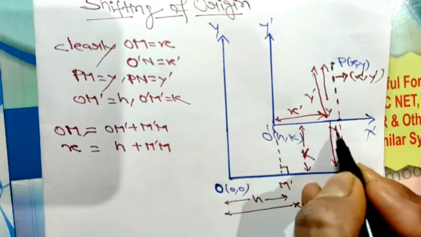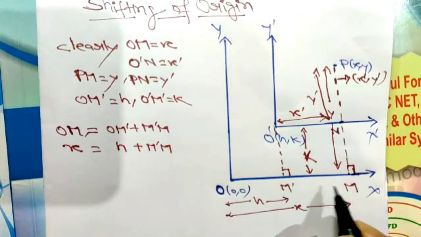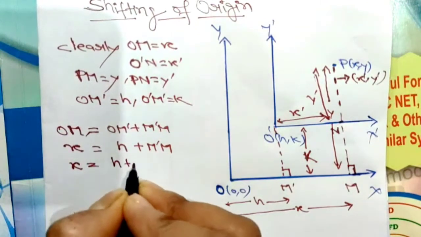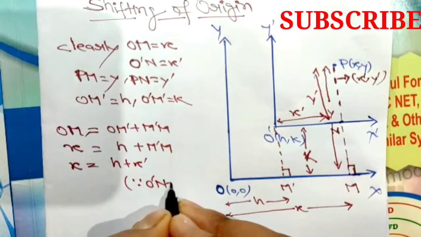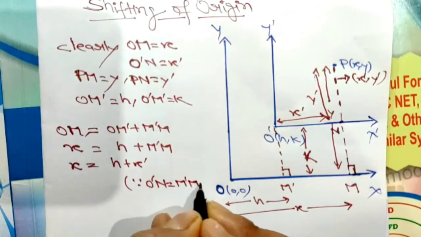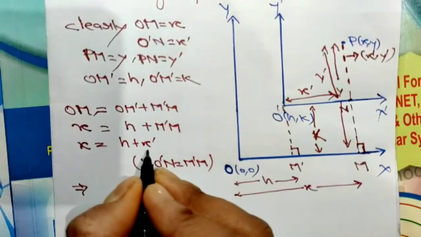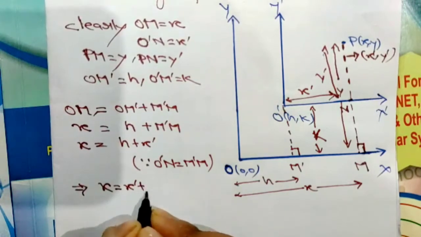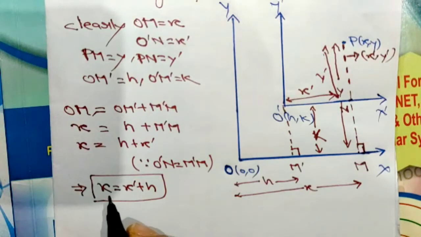So the length of O dash N is x dash, so the distance of M dash M is also x dash. So x is equal to h plus x dash, since O dash N is equal to M dash M. Now this x coordinate is equal to x dash plus h.